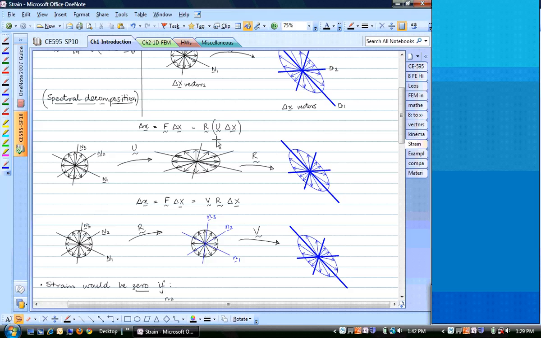Then you can take all these resulting vectors and apply a rigid body rotation, a pure rotation, and that will lead you to your final configuration. So this is one way of interpreting the effect of F, that it is a stretch followed by a rotation. But keep in mind that it is written as R times U. Just because we have R on the left and U on the right, it doesn't mean that R goes first.